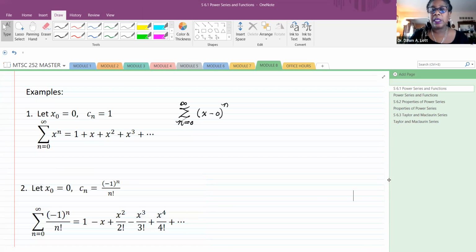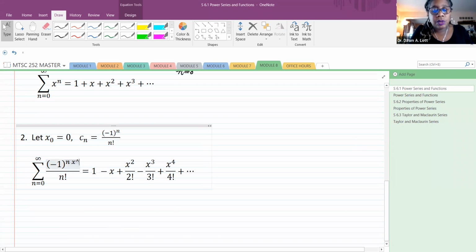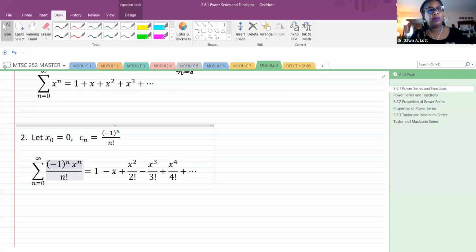Okay, so in the second power series, we're going to again let x naught be 0, but this time my Cn, oh, this is missing the x to the n. This is x to the n. Good. All right, now it's a power series. Notice that these power series are functions of x.